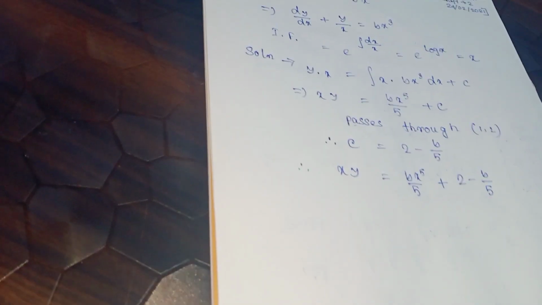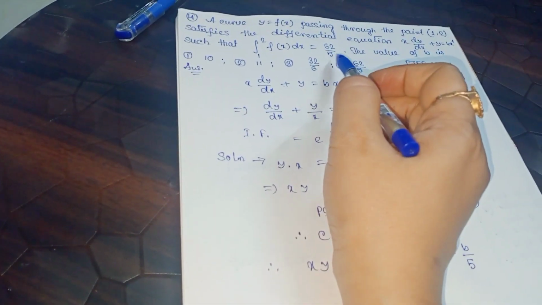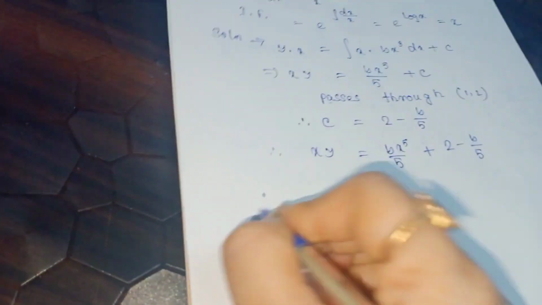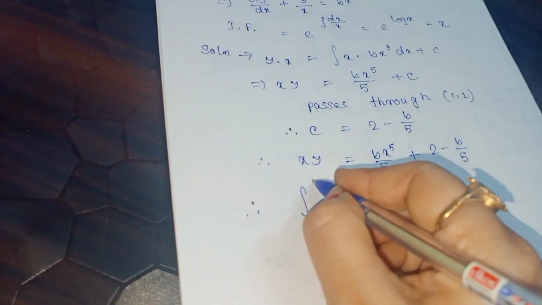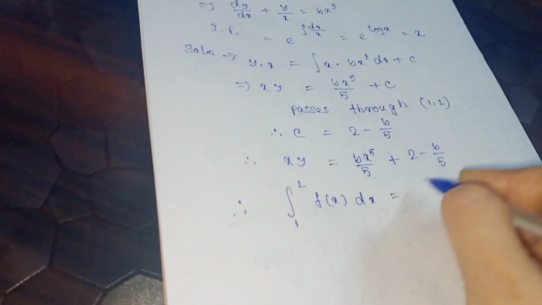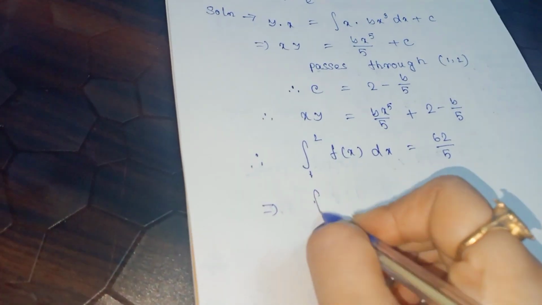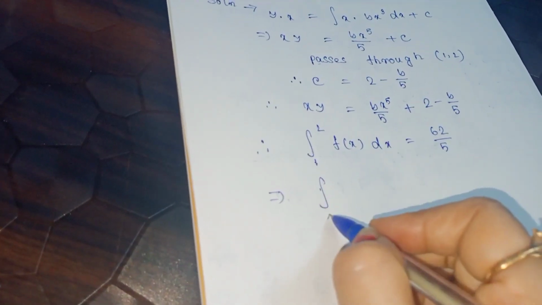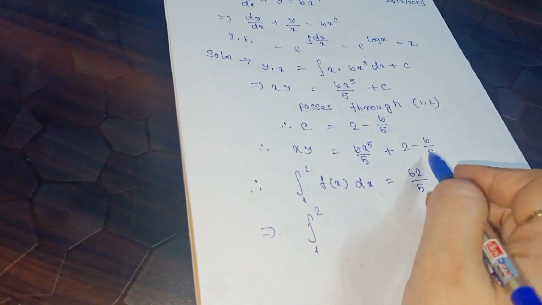Now we should use the given value, the integral from 1 to 2 of f(x) dx is equal to 62/5. Therefore the integral from 1 to 2 of f(x) dx = 62/5, where y = f(x) is this.